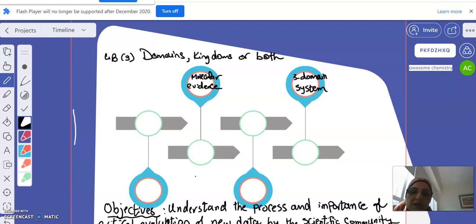So the idea is to evaluate the new data from sciences, including data about the DNA, about proteins, and other biochemical structures, to help put the living organisms in new taxonomic groups. Taxonomic groups means classification groups.